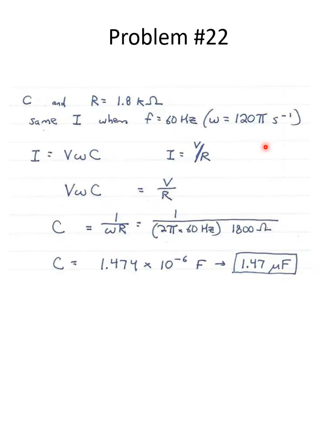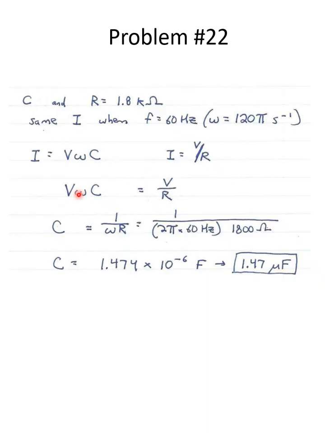And it says in this problem that those currents are equal to each other. So let's set those terms equal to each other. V omega C equals V over R. You can see that the voltage divides out of the equation.